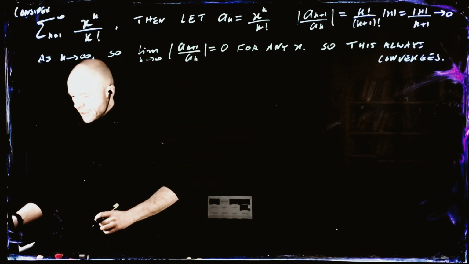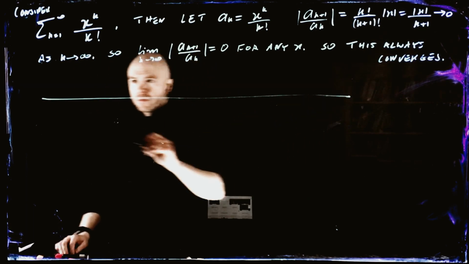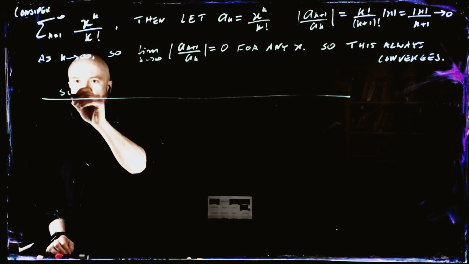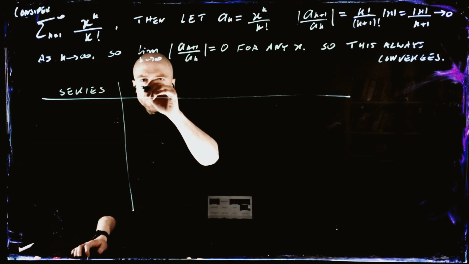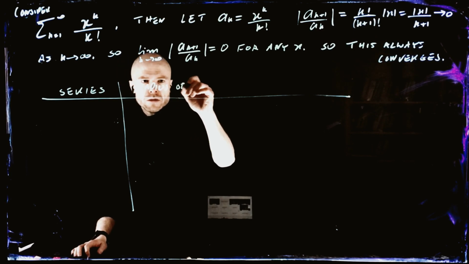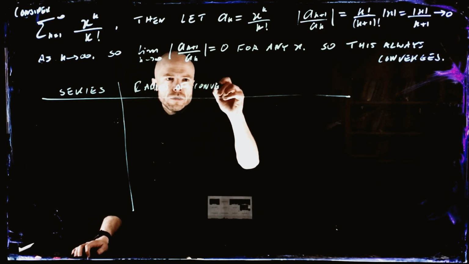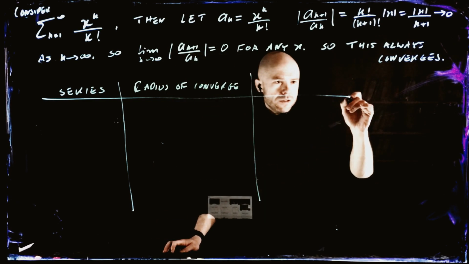Yeah? Okay, let's create a table. I'm going to put the series here. We are going to put the radius of convergence here. And we're going to put the interval of convergence.